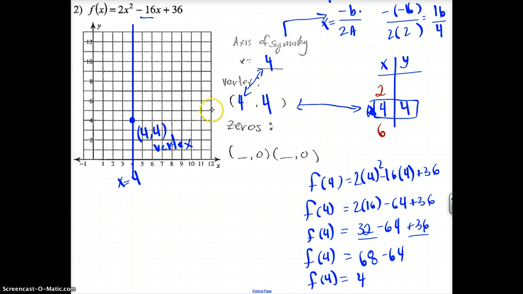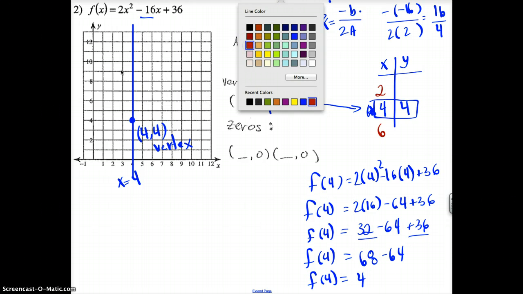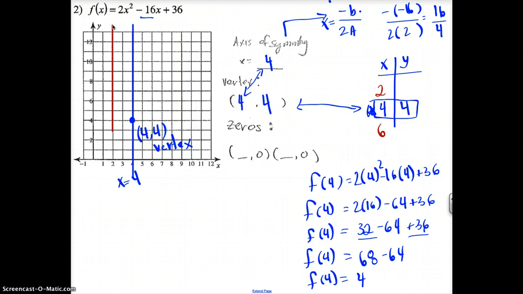Okay, 4 comma 4. Now I'm going to do the two red lines, the one at 2 and the one at 6. Here's x equals 2, and here's x equals 6. So I'm going to look for points here. They're a little bit further away, which is fine.